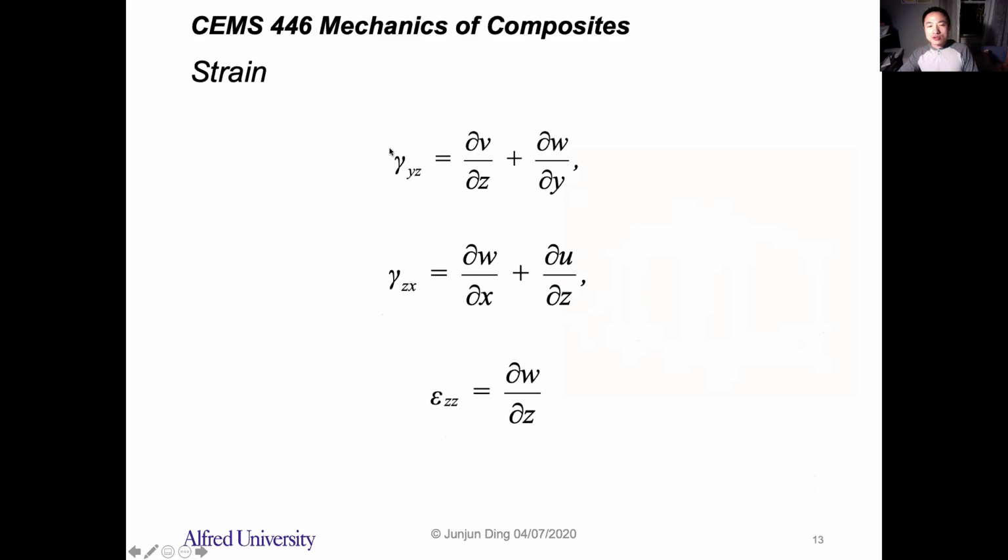The shear strain YZ is equal to the partial derivative of V, the Y direction displacement, over partial derivative of Z, plus partial derivative of W, the displacement in the Z direction, over partial derivative of Y. So that's a pattern. And the normal strain in the Z-axis apparently is the displacement in the Z direction over the partial derivative of Z.